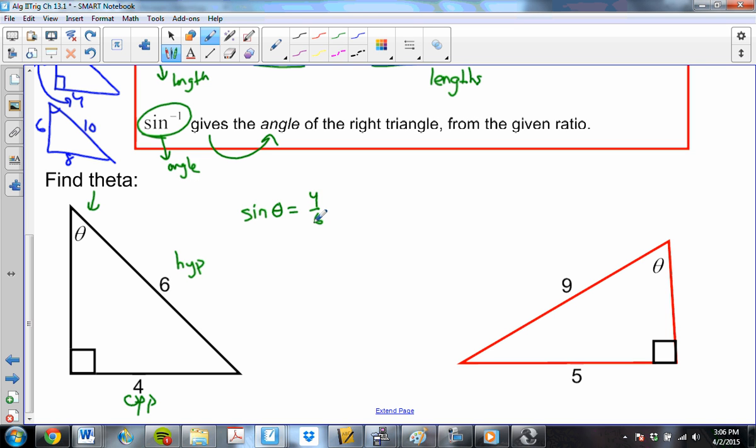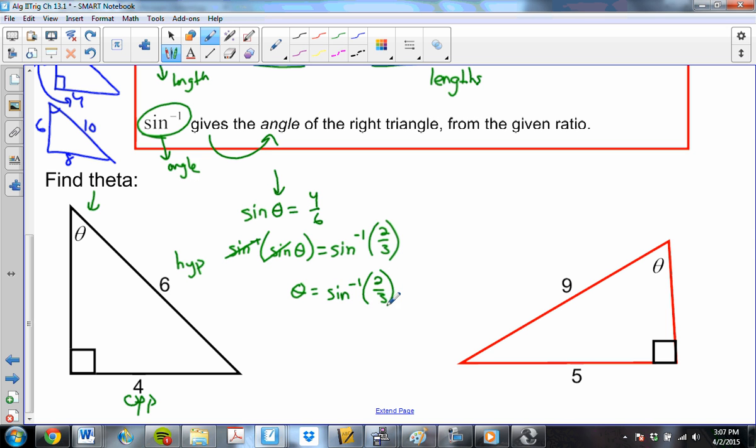So if I take the sine inverse of both sides, because whatever I do to one side, I do to the other, and 4 over 6 I can reduce to 2/3. Since inverses undo whatever's been done, these cancel each other out, and we just have theta equals the sine inverse of 2/3.